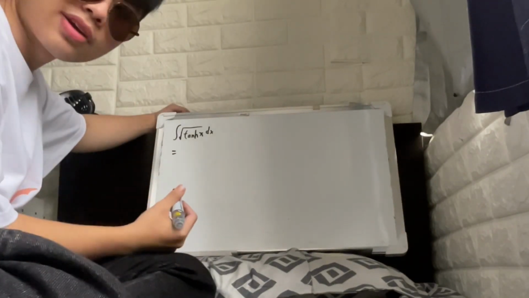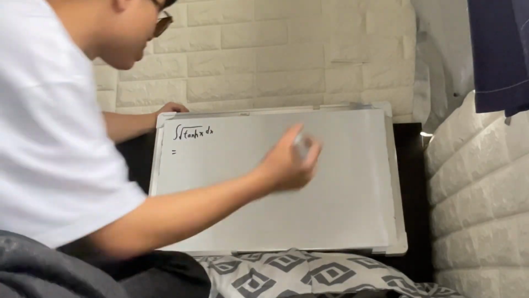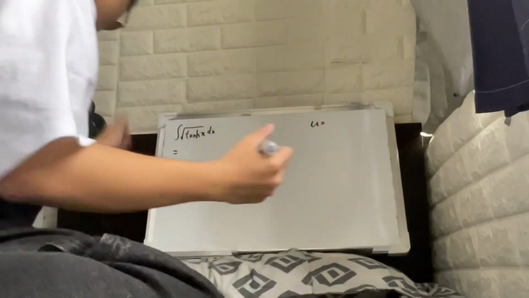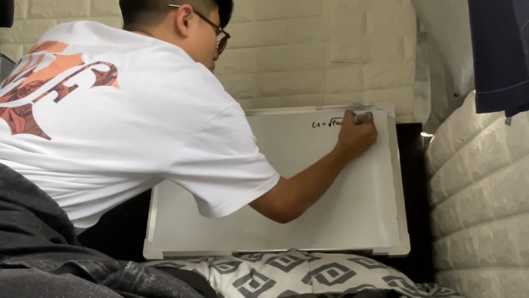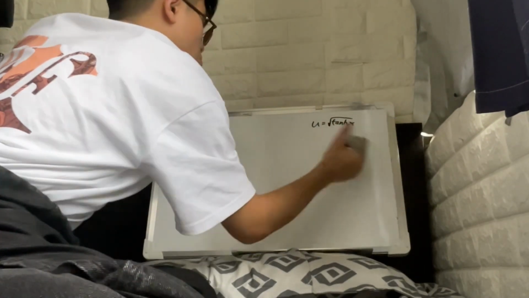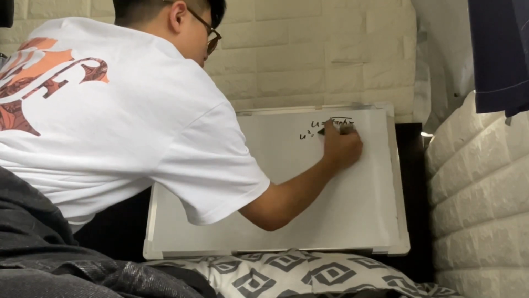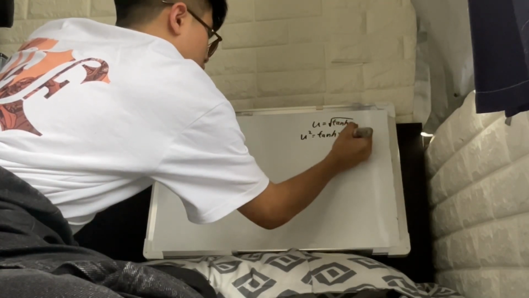The first thing we're gonna do is use u is equal to square root of tanhx. Then square both sides, you get u squared is equal to tanhx.